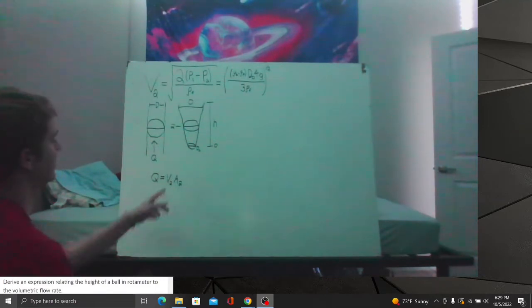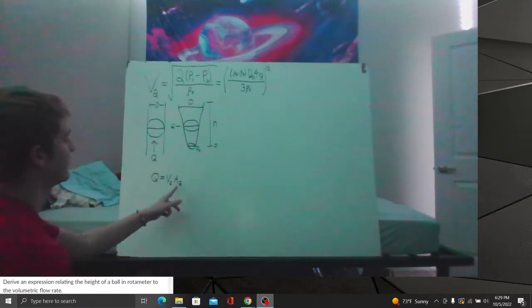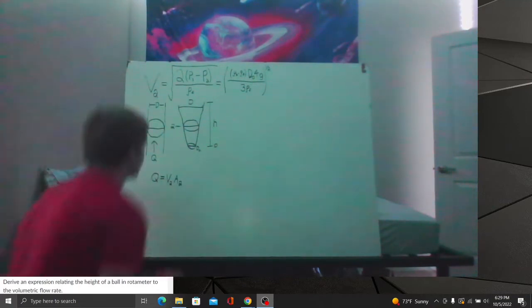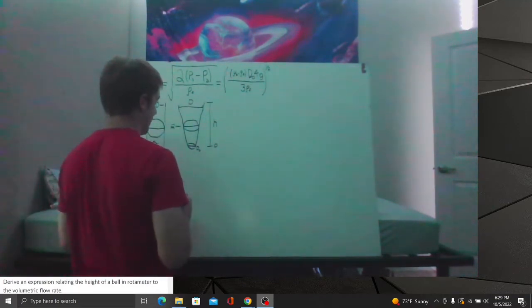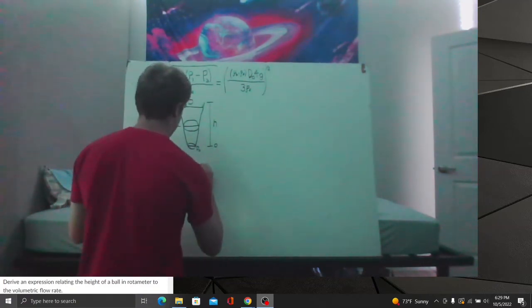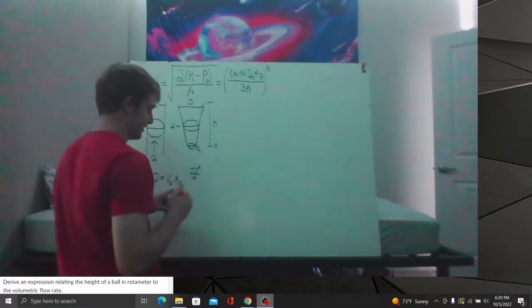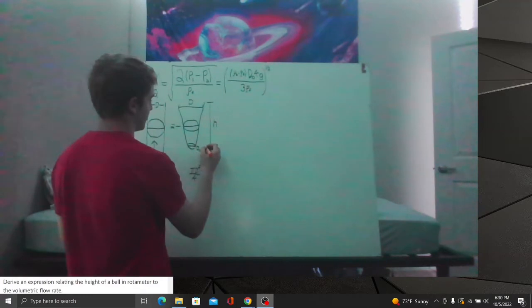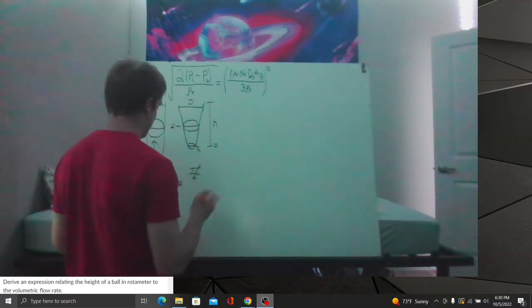So we already have V2, and now we are going to try to find an equation for A2. We know that the area of a circle is pi d squared over 4. That's just an area for any circle using the diameter. What we're looking for is the difference in area from 0 to our point 2.